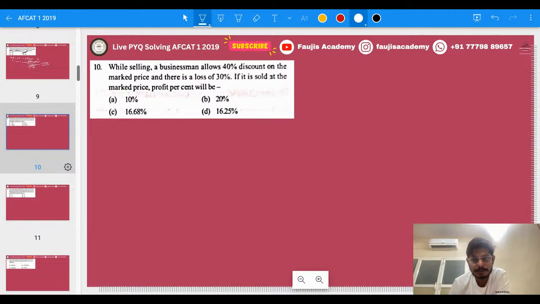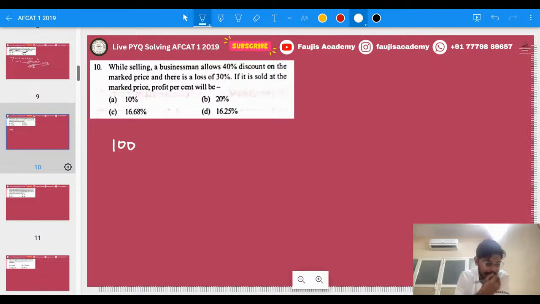Any one of you, please answer quickly, guys, quickly. Okay. He bought at 100 rupees. While selling, a businessman allows a 40% discount on the marked price. Okay.